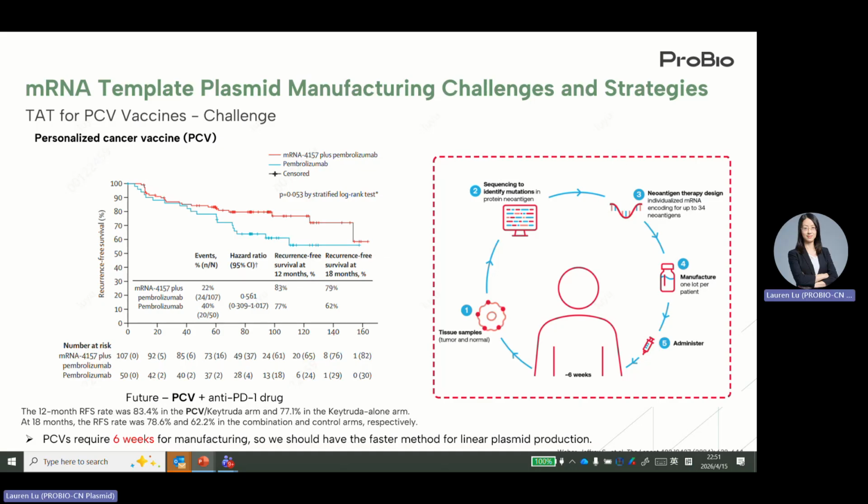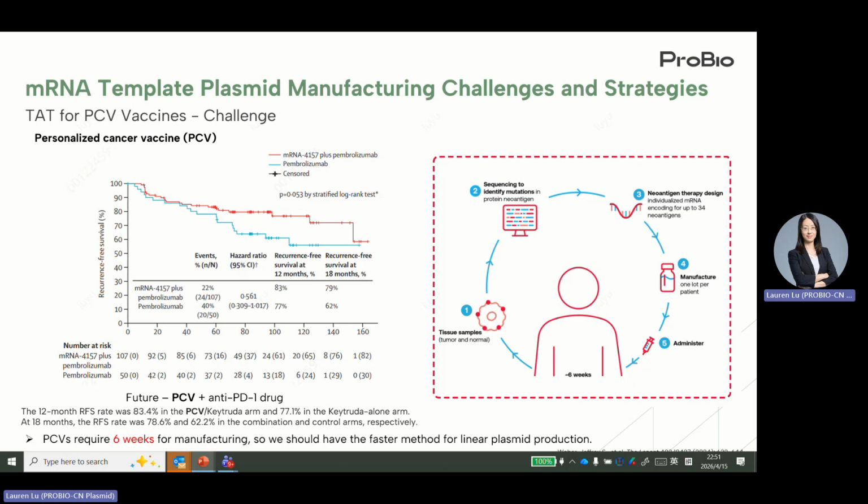But the key challenge for this PCV mRNA scenario is, as you can see here, it requires 6 weeks for manufacturing. In this scenario, each patient has a different sequence.